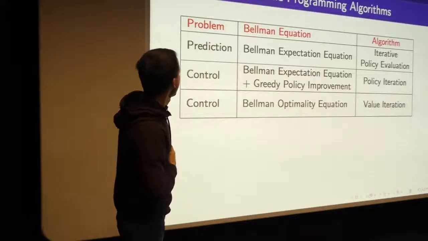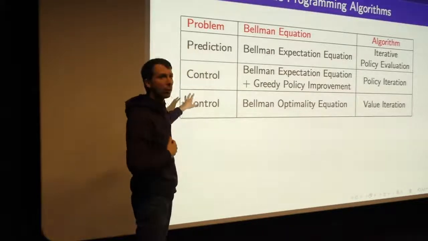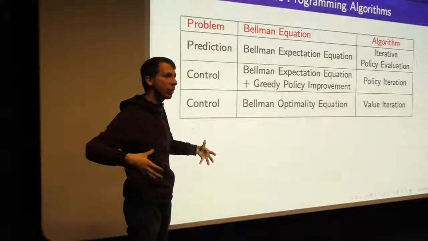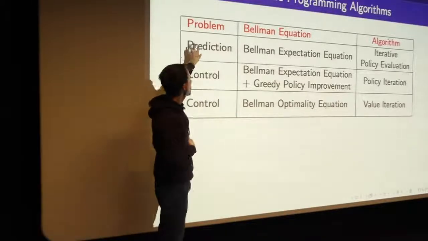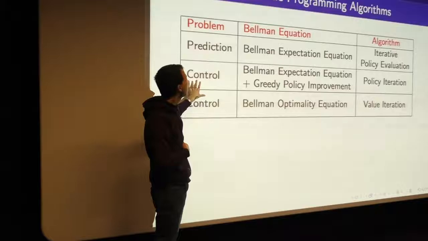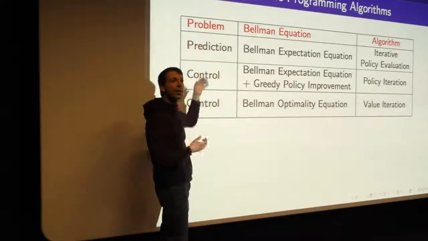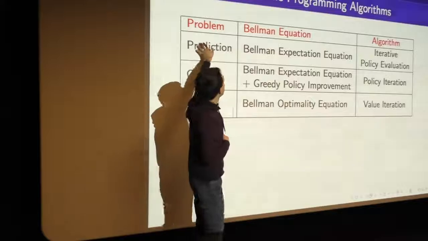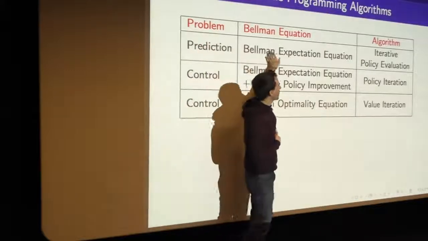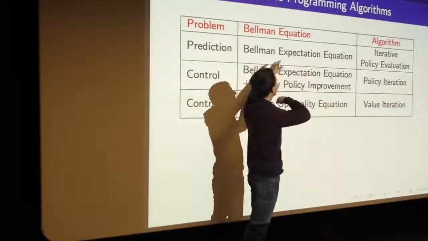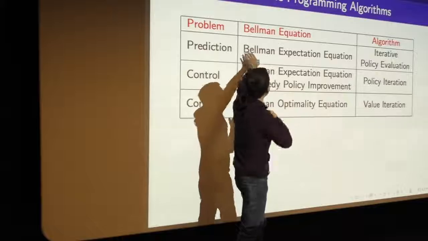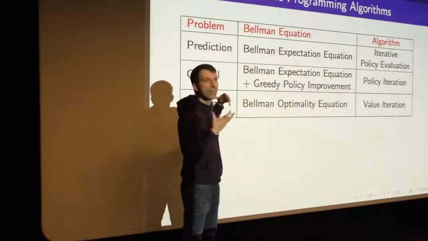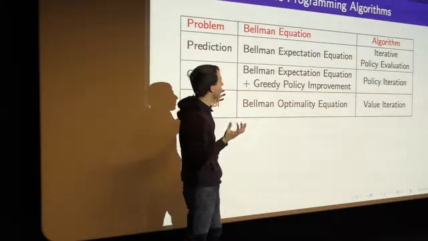Okay. So there are different problems that we're trying to solve. All of these are planning problems. In all cases, the MDP is given, and we're just trying to solve for that MDP. But there are two types of planning problem: prediction and control. In the first case, we're trying to work out how much reward you get from some given policy. To figure that out, we use the Bellman expectation equation, which defines what it means to have a value function when you're doing prediction.